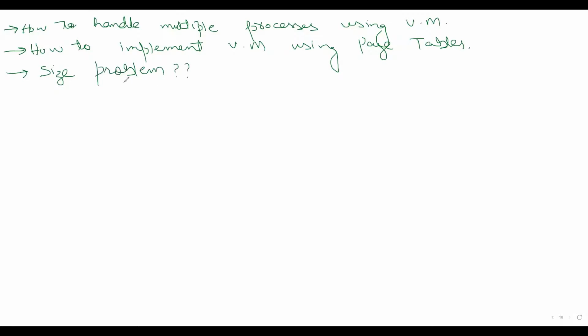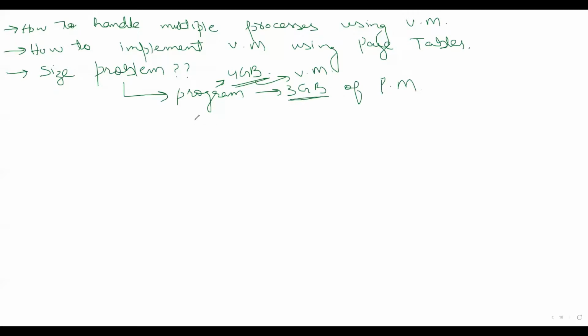Size problem means that if I have a process or a program that actually needs, let's suppose, 3 GB of physical memory. We have already allocated it 4 GB of virtual memory, but in reality it requires 3 GB of primary memory, and let's say we have only 2 GB of primary memory.